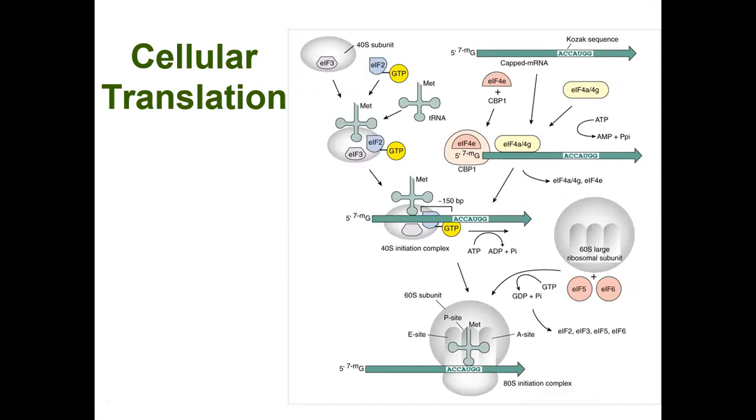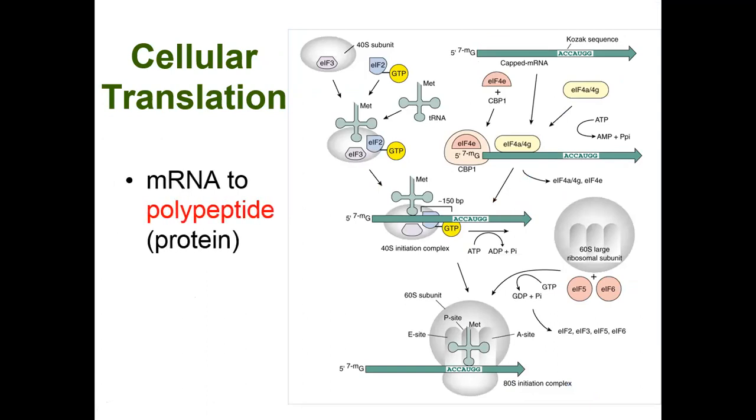And the last part of the central dogma of molecular biology is the process of cellular translation, where a messenger RNA that has a poly A tail and a 7-methyl guanine cap at its 5' end will get between the small and large subunits of the ribosome, and for each 3 nucleotides, 1 amino acid will be added.